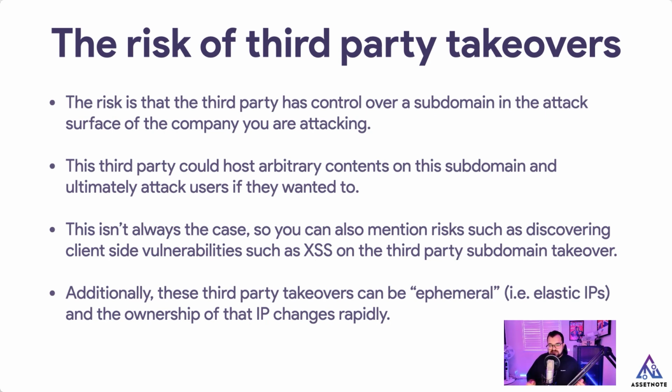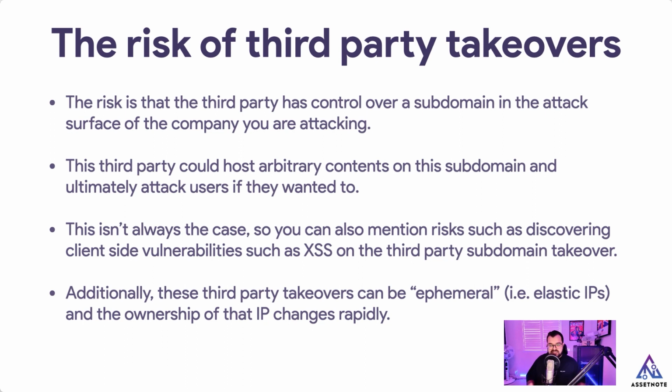So you can mention things such as discovering client-side vulnerabilities such as XSS on the third party's contents on the subdomain takeover. Or additionally, you can also mention the fact that these third-party subdomain takeovers can sometimes be ephemeral, for example elastic IPs, where the ownership of these IPs changes rapidly. You could also mention that you could potentially be the one in control of the takeover if you have been able to claim the ephemeral IPs.